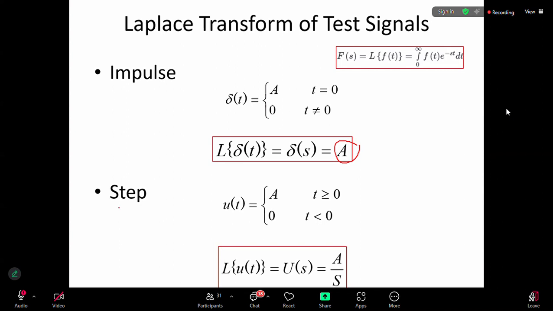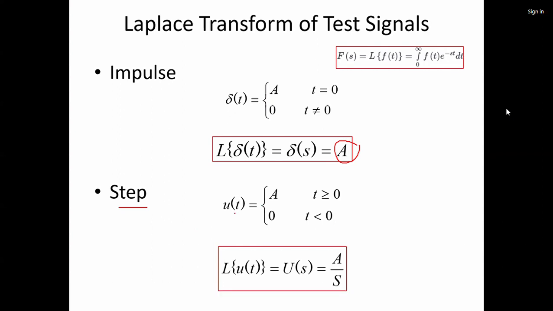But if you go to a step function, typically you represent the step function as this. The function will have some non-zero value A when time t is greater than or equal to 0, and it will have a value 0 when time is less than 0. Okay. So if you do a Laplace transform of this function, where A is a constant, basically you are doing the Laplace transformation of 1.